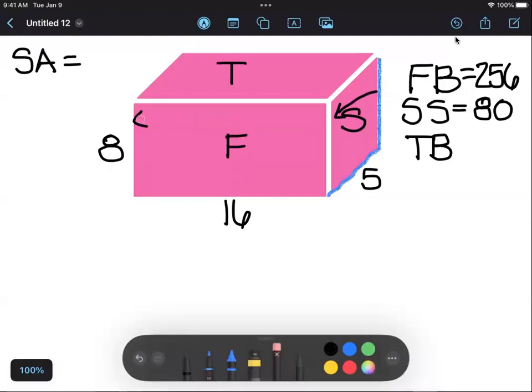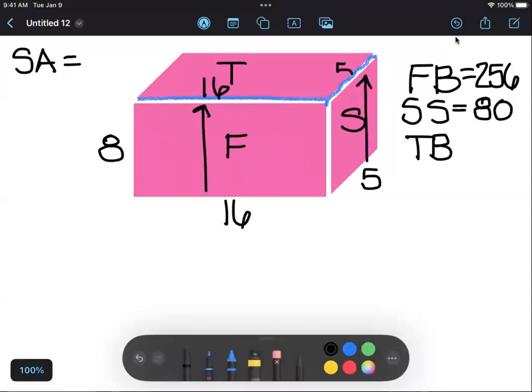Okay, so far front and back is 256, side is 80, and now let's see if we can find top, bottom. The area of the top is also a rectangle, so we're going to find length times width. Now there are no numbers next to this, but we know opposite sides in rectangles are congruent, or equal. So this is 16 and this is 5.